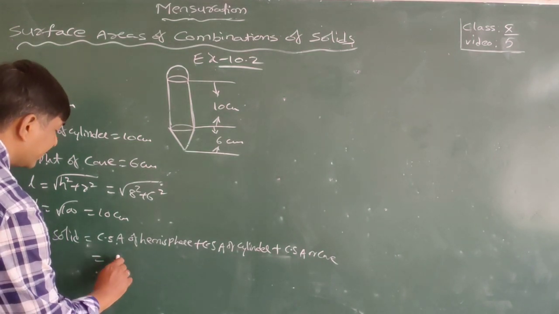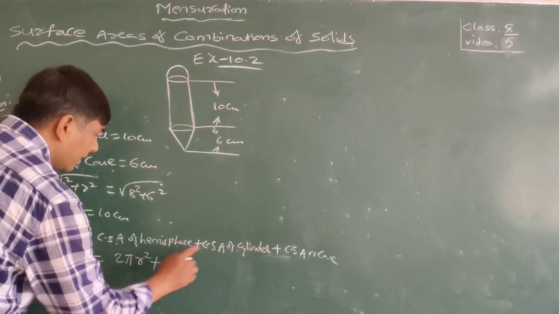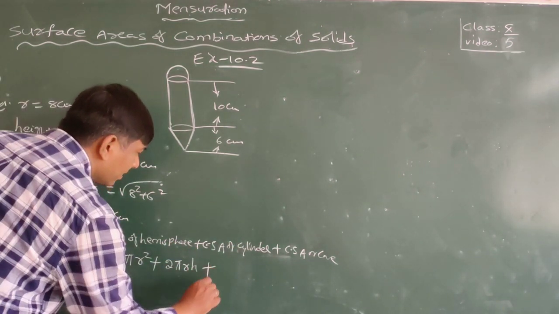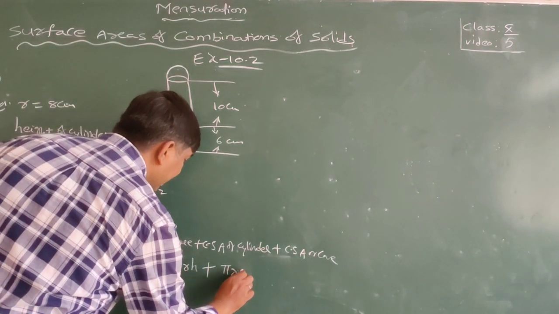Hemisphere formula is 2 pi r square, radius is the same, and CSA of the cylinder is 2 pi r h plus CSA of the cone is pi r l.